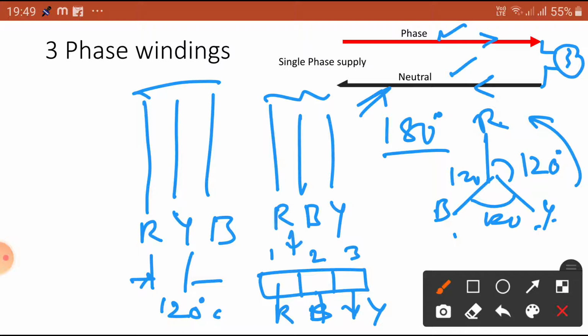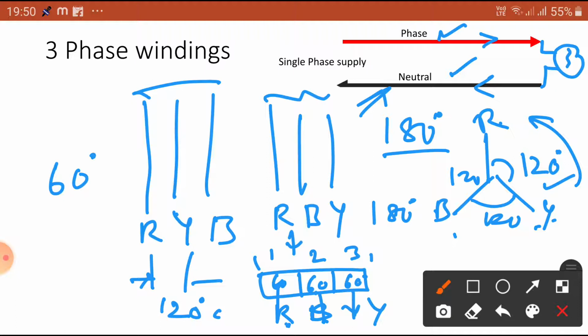Under the north pole, 3 slots cover 180 degrees. Each divided by 3, that means 60 degrees, 60 degrees and 60 degrees. So, what is the phase displacement between two adjacent subsequent phases? Only 60 degrees. But in the case of 3-phase, I require 120 degrees.